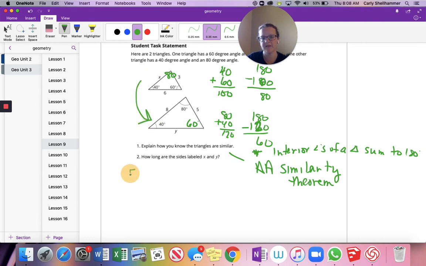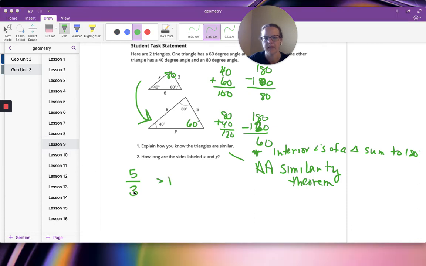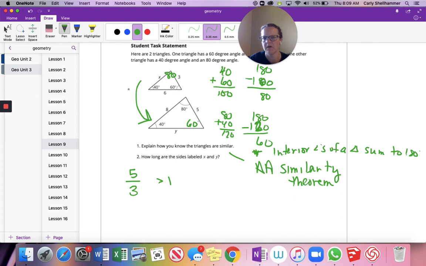So my scale factor is going to be 5/3 because that's a number bigger than 1. And when our scale factor is bigger than 1, we're getting bigger. So we can take each side. I'm going bigger, so 6 times 5/3. If I simplify that, it's 2. That would be 10.